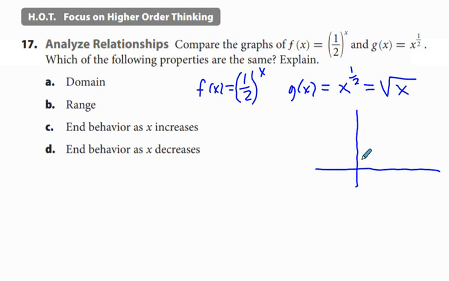So this one here is going to be square root of x, g of x, and this one right here is going to be 1/2 to the power of x, f of x.